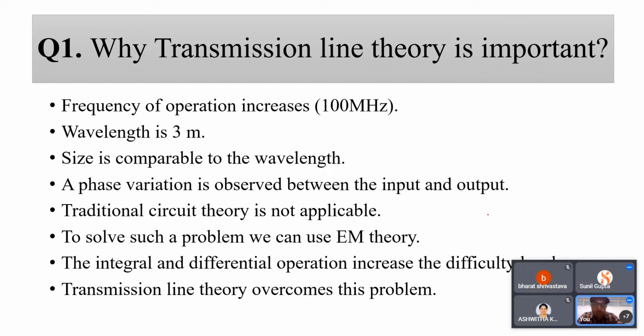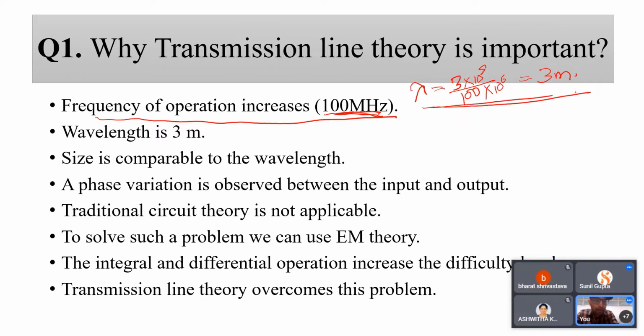Whereas once the frequency of operation increases, let us say to 100 megahertz, the corresponding wavelength is 3 into 10 raised to the power 8 divided by 100 megahertz, so it is 3 meters. Here you can see that the wavelength is now very small.